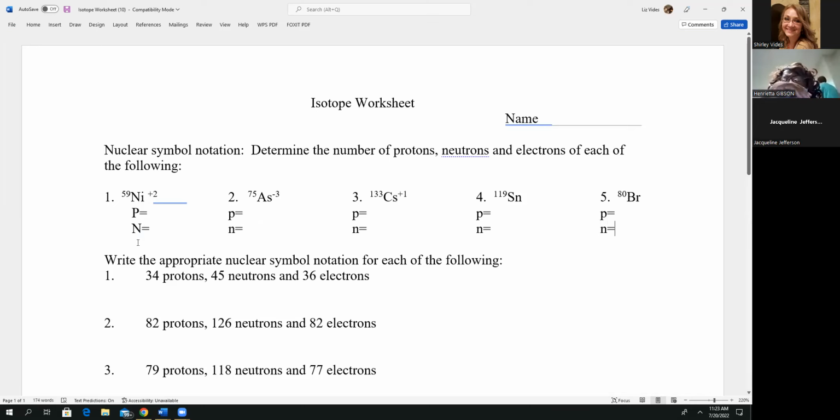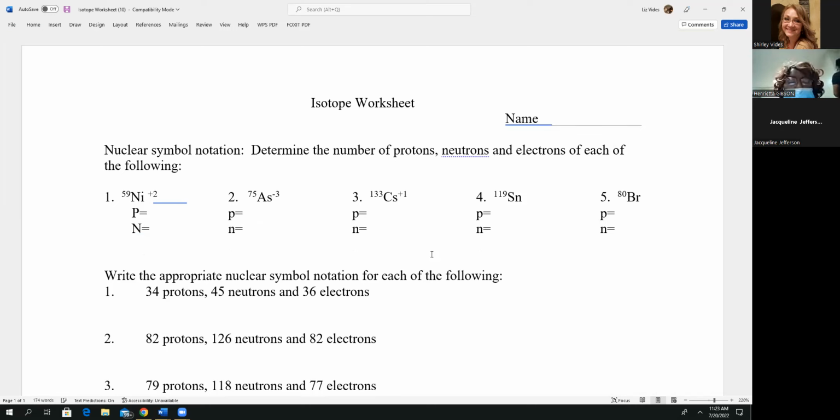And then we're going to do the electrons. They gave me the numbers. We haven't figured them out yet. I'm just getting ready. Okay, now we need to answer.